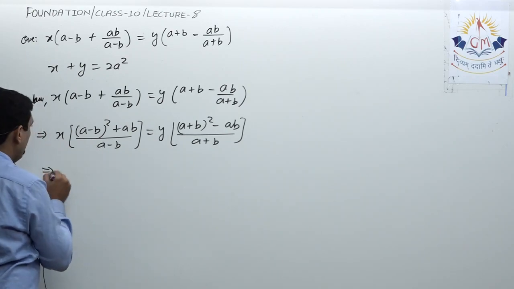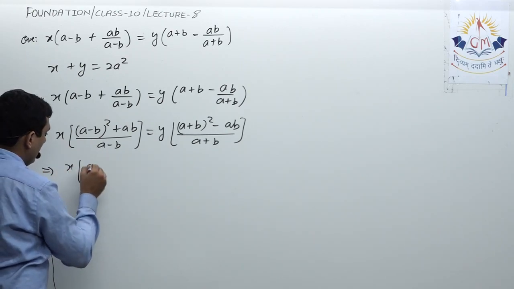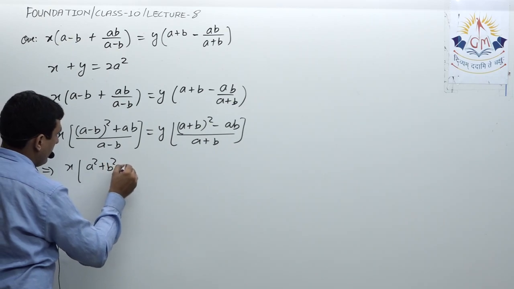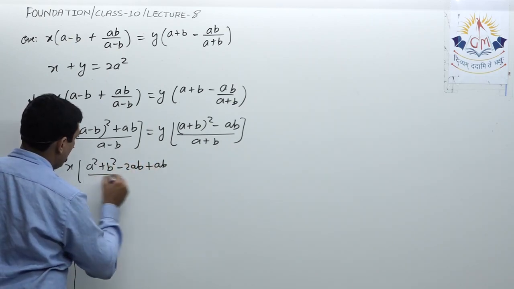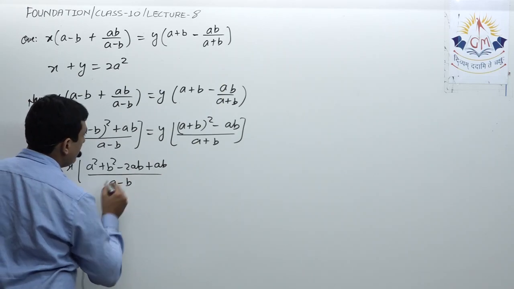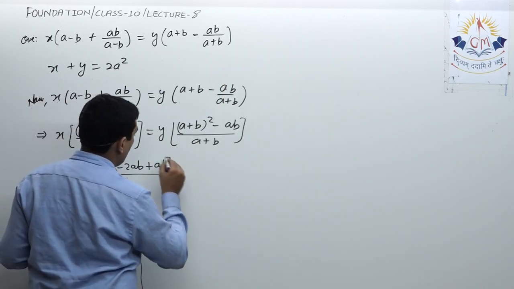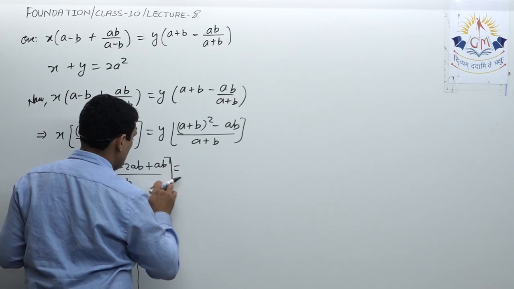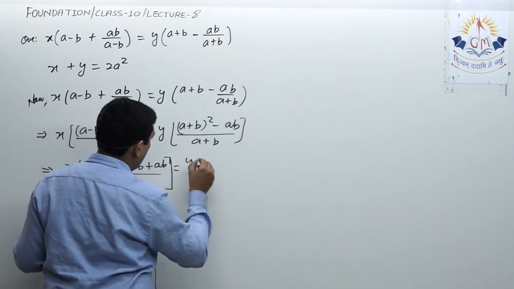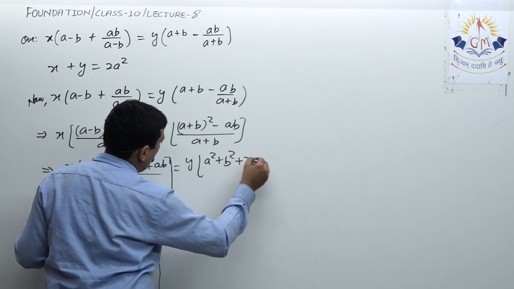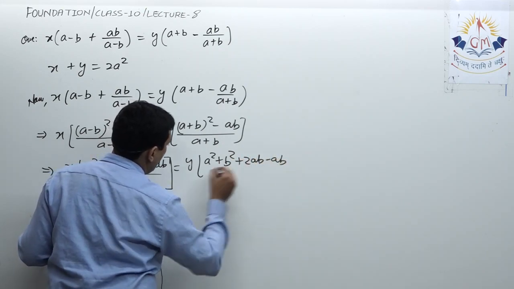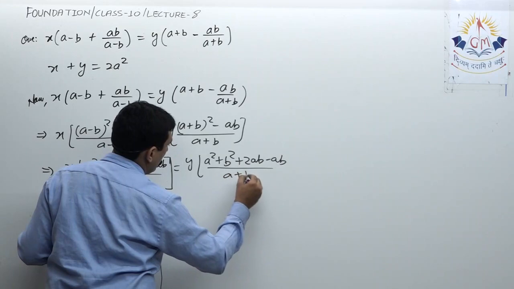Okay, so here we'll get x into (a square plus b square minus 2ab plus ab) upon a minus b is equal to y into (a square plus b square plus 2ab minus ab) upon a plus b.